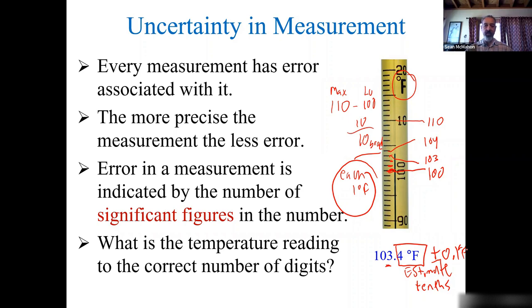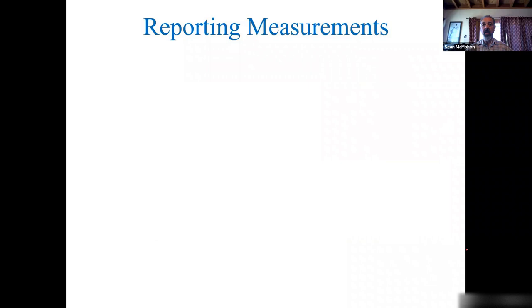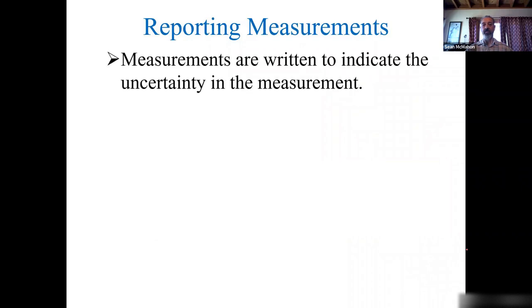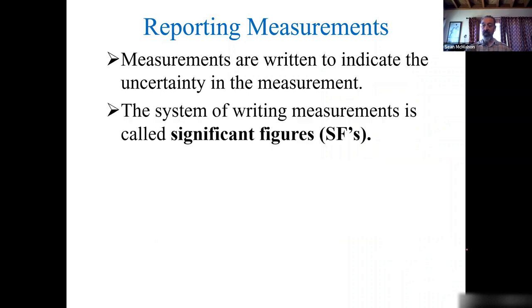So when you report measurements, we want to write all the numbers, okay? And when we write all those numbers, like we did with the 103.4, right, we're going to call those significant figures because all these numbers are significant in our measurement, okay?